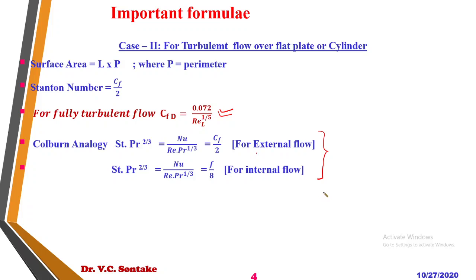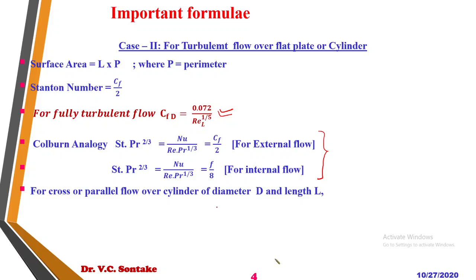Because we have seen, I have discussed in the earlier videos, convection is closely related with the fluid flow. So whatever the fluid flow properties and phenomena are there, they are very much applicable to the convective heat transfer analysis as well.